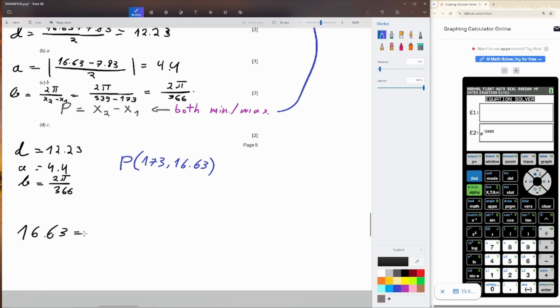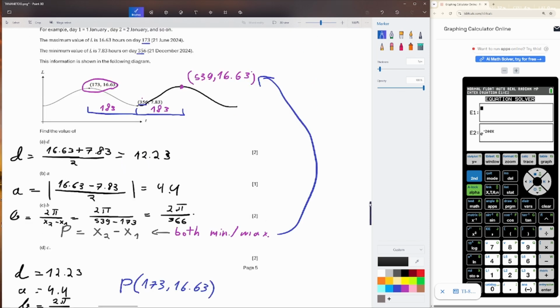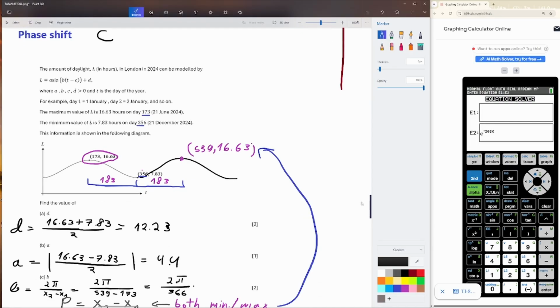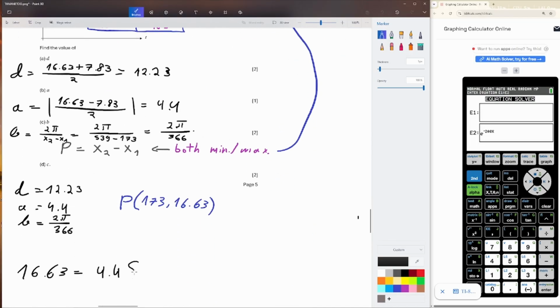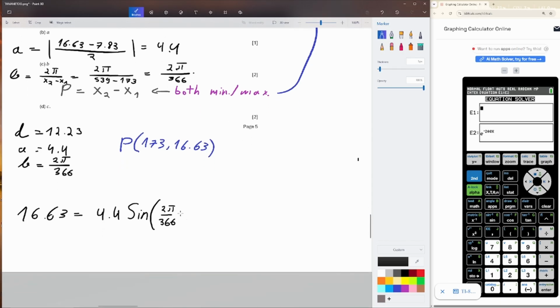Then you will get your function to be 16.63 is equal to 4.4, always check your function, 4.4 sin, brackets. Now you will put your 2π over 366, and now you have another bracket, and here is t, and you know that the t is the x value, and the x value is your t, it's 173, and your x value is this, because it's a coordinate.